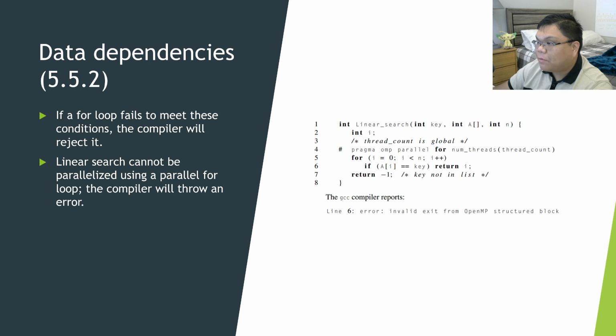We don't know when this for loop is going to break out of the loop. So if we try to compile it, the compiler might throw an error at us, and it'll say, no, I can't parallelize that.